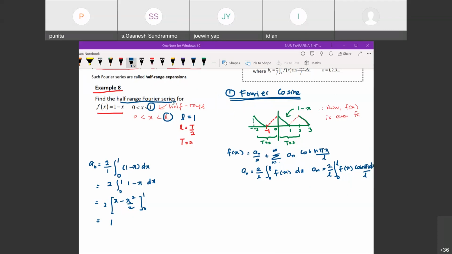And then a n, 2 over L is 2, from 0 to 1, 1 minus x cos n pi x over L, L is 1, dx.